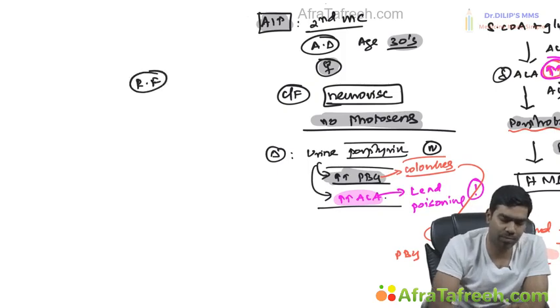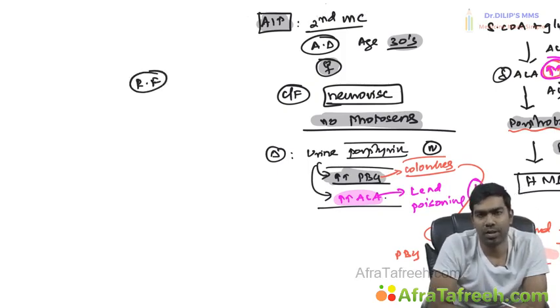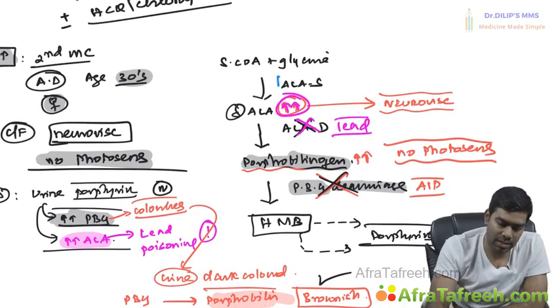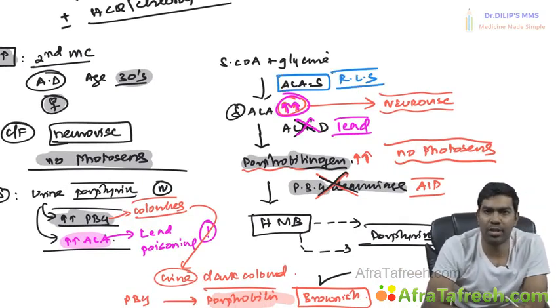And if you ask me about the risk factors for developing acute porphyria, the first thing to understand is that the ALA synthase enzyme is the rate limiting step in porphyrin ring synthesis and heme synthesis.